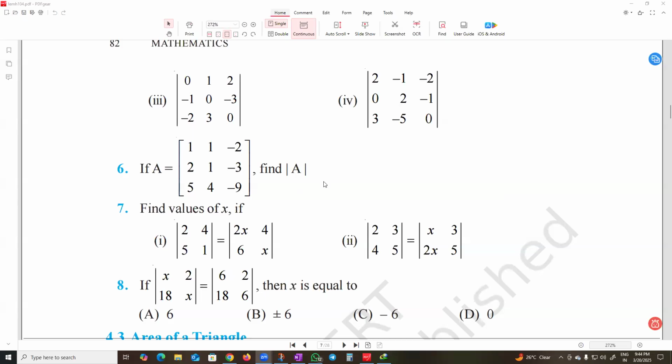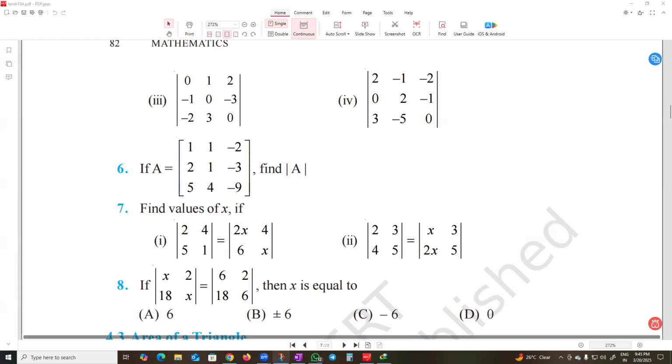Is it 0, the sixth one? Let's do that. So 1 into 0, minus 9 plus 12, minus 1 into minus 18 plus 15, minus 2 into 8 minus 5. It is 3, and this is plus 3, and this is minus 6. Yes, of course it is 0.